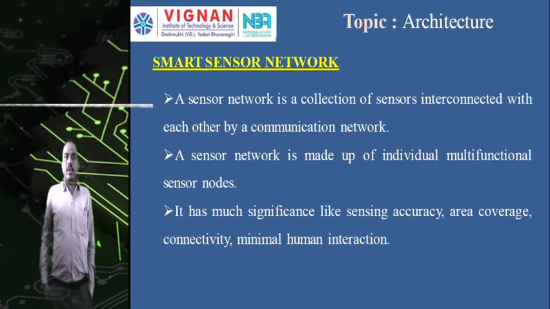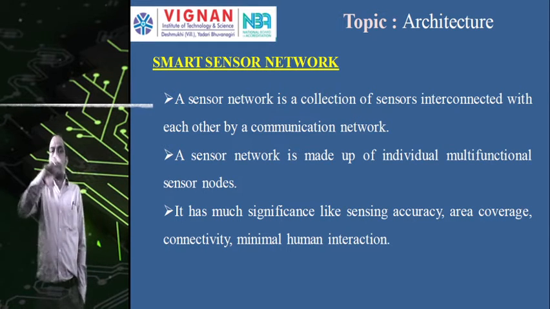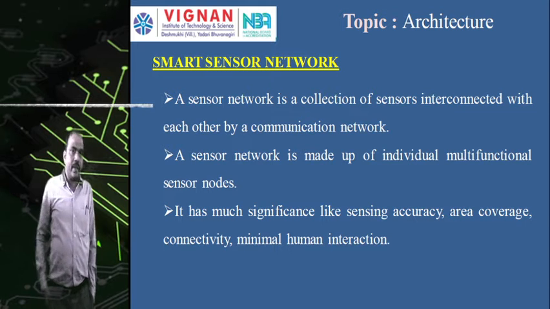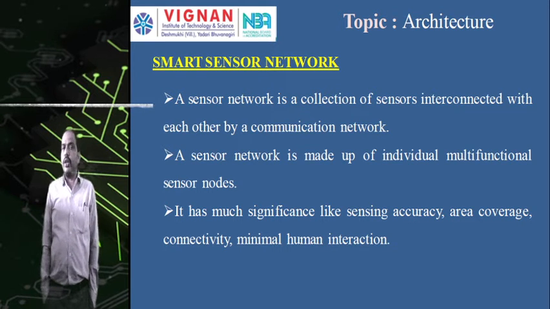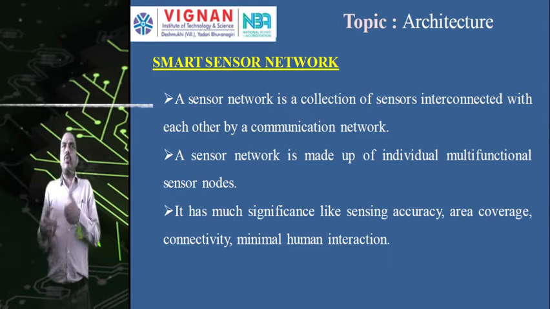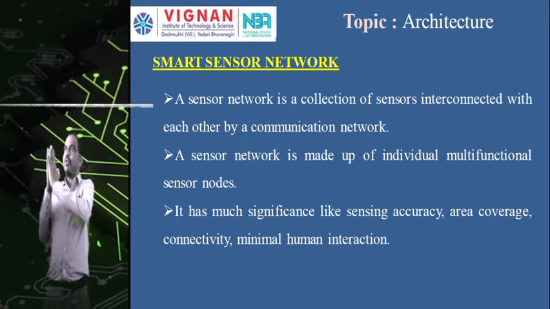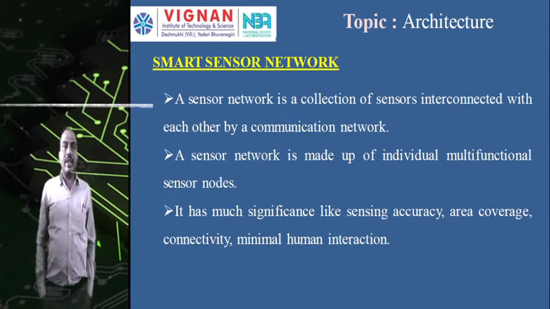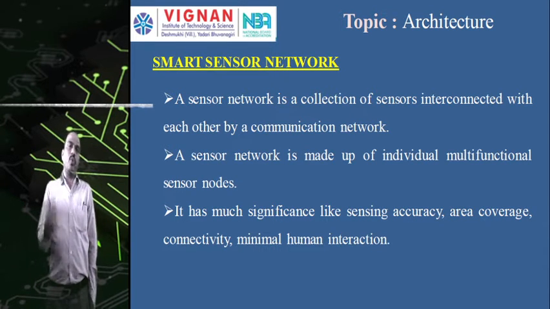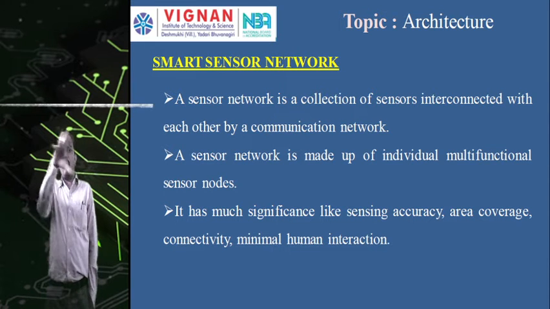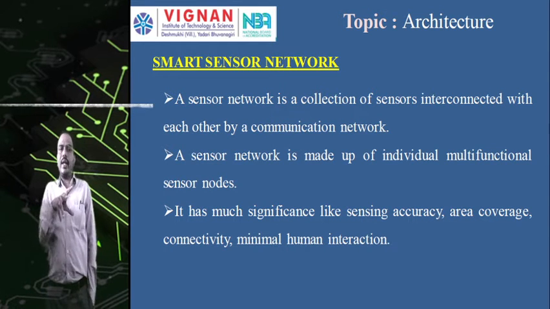A smart sensor network is a collection of sensors interconnected with each other by a communication network. What is a general network? A group of elements combined together or interconnected to provide a specific task. That is called a network. So what is a sensor network? It is a collection of all the sensors interconnected with each other by some communication network.